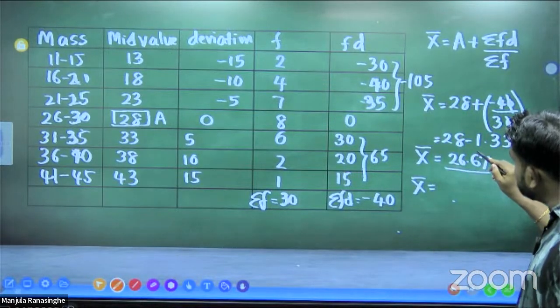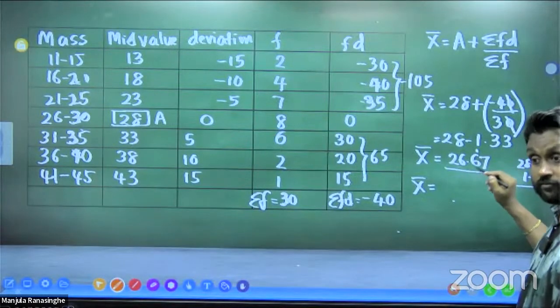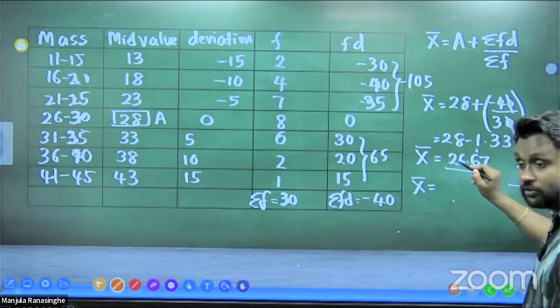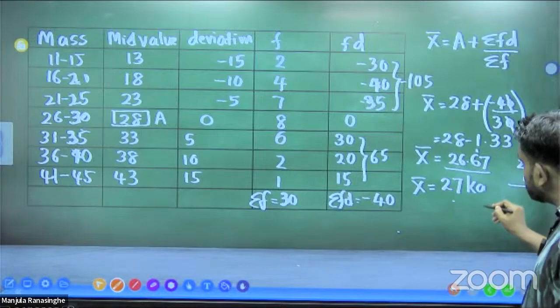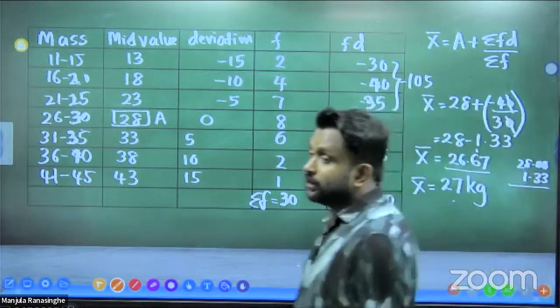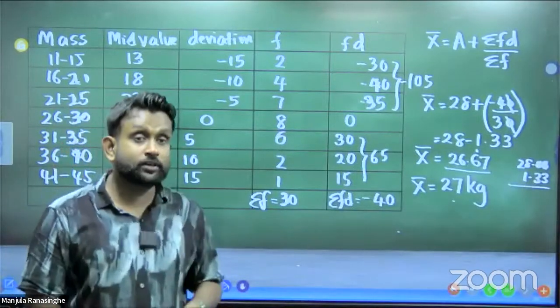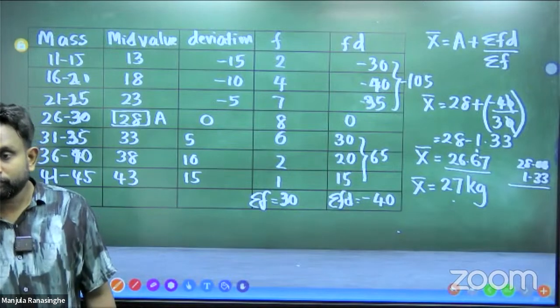You check the first decimal place, that is 6, which is more than 5. Then you add 1 to the whole part, neglecting the decimals. That means 27 kilograms. So that provides us the mean mass of a fish is 27 kilograms. Okay, fine.